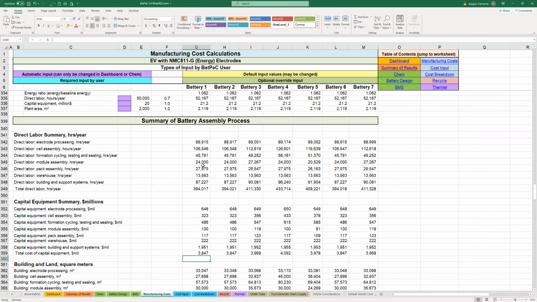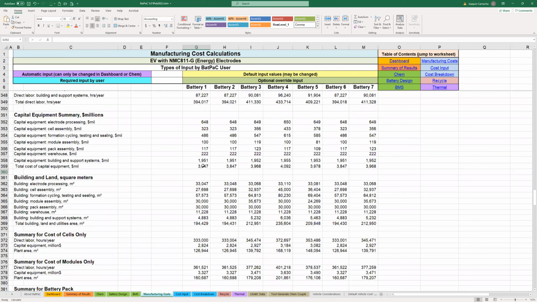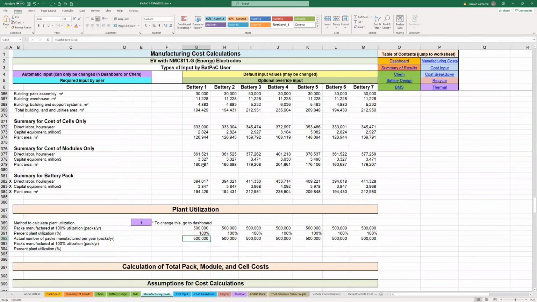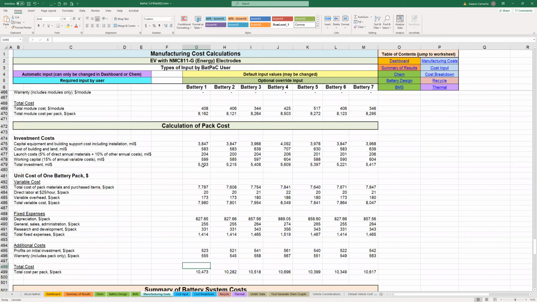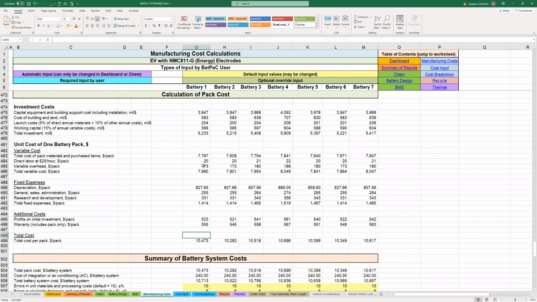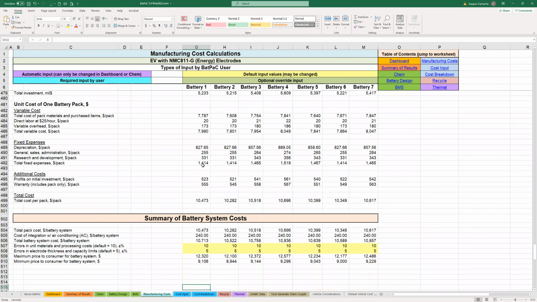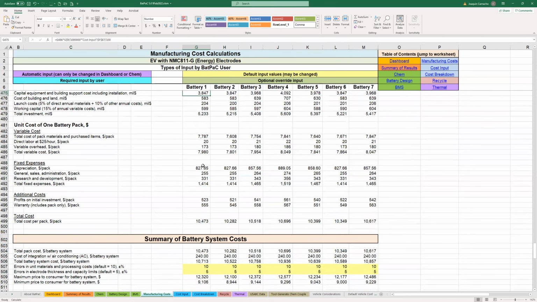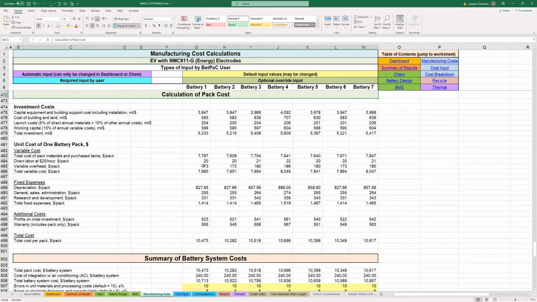Okay, so here's the assembly cost and stats. These are the performance of the manufacturing processes. And then let's go all the way down to the summary of battery system cost. Or here, above this, what is this called? Calculation of pack cost.